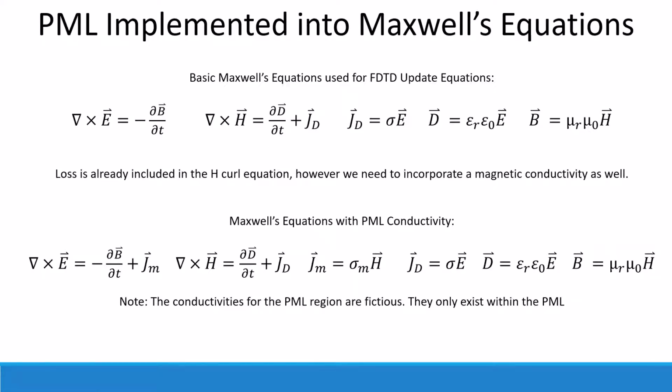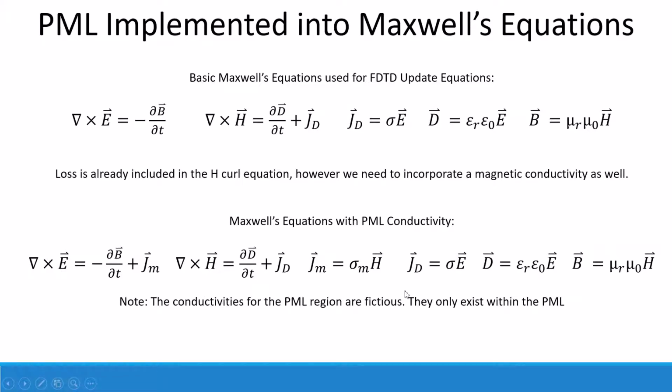Once again, these are fictitious conductivities only existing in the PML region. And therefore, we add this into the E curl equation and we get two very similar formulations here. So the symmetry in these equations is where the relation between the conductivity comes from.